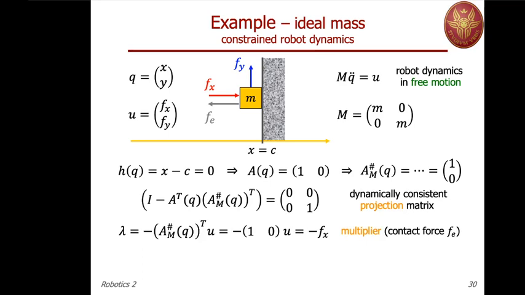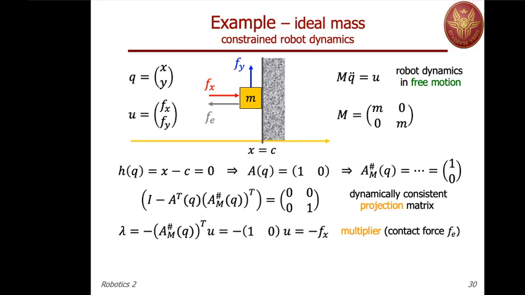Now, if we also write the expression of the multiplier, so of the constraining forces, contact forces, the reaction forces that would arise if we try to violate the constraint x equals c, many terms disappear, and what remains is just minus a weighted pseudo inverse with respect to the inertia matrix M transpose times the input u, which is again minus 1, 0 u, which is simply minus f of x.